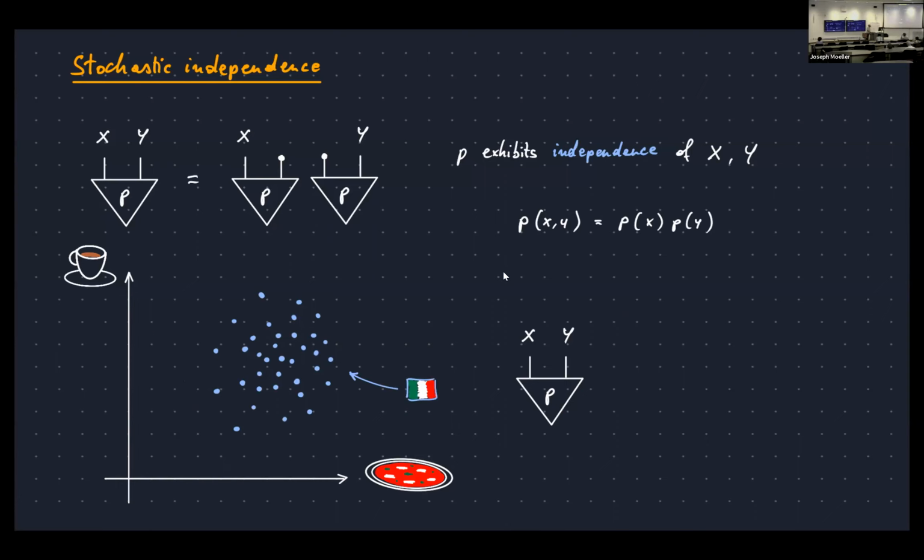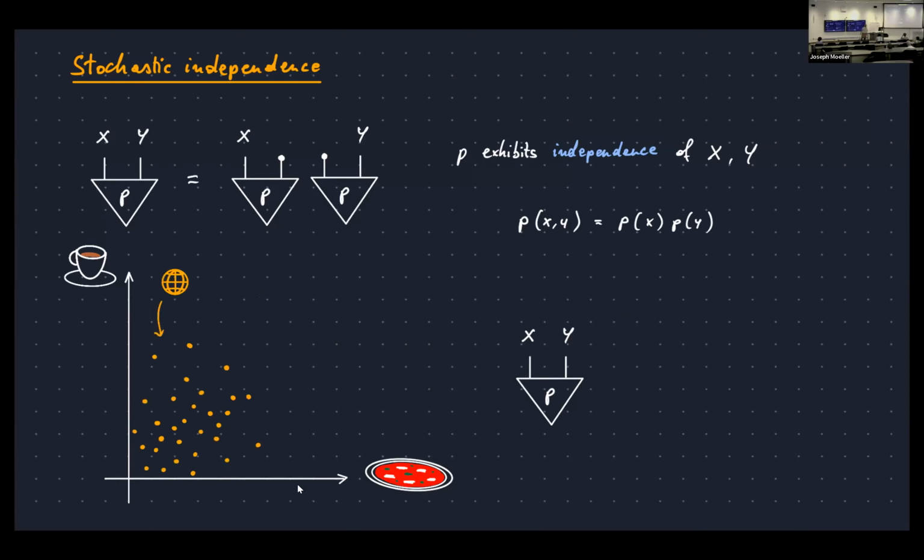And the rest of the data is taken from the rest of the world, very biased data towards Italy, just for the sake of the argument, okay? And again, also here, you don't see any particular correlation. People that are not from Italy will tend to have less pizza and less espresso, but it's not like the more they have pizza, the more they have espresso, okay? These are not real data. I guess pizza is a lot more popular than espresso, so I guess everything should be skewed to the right.